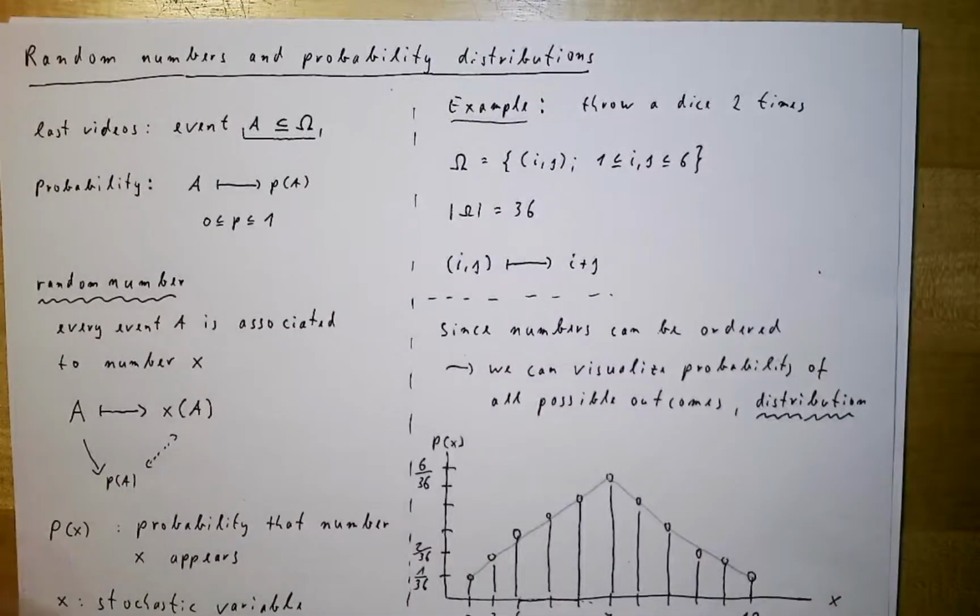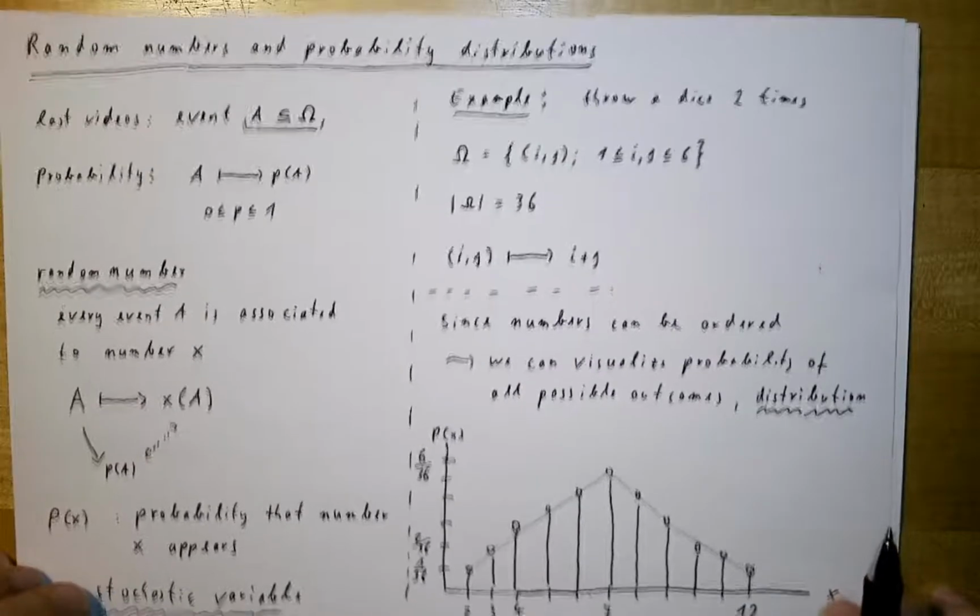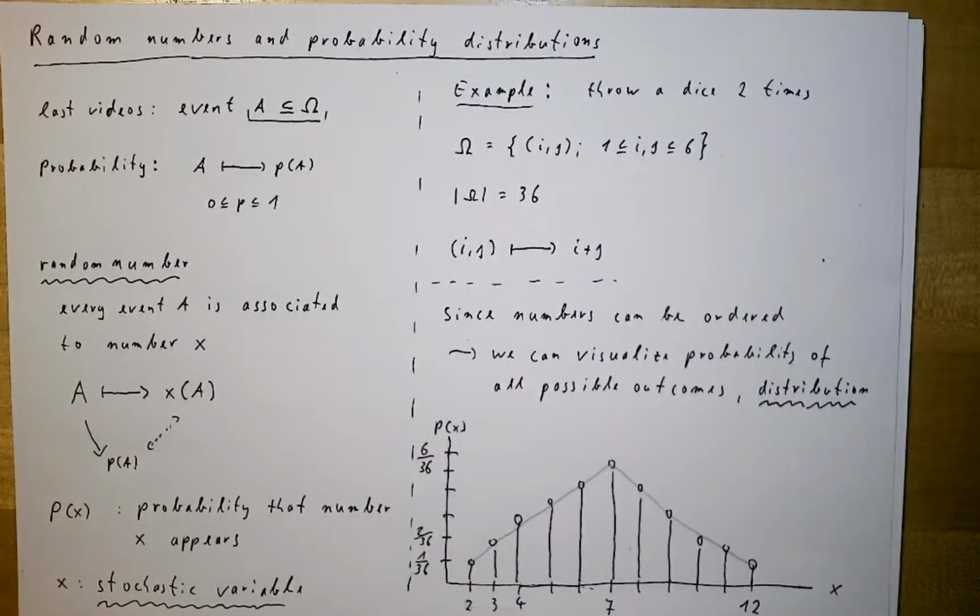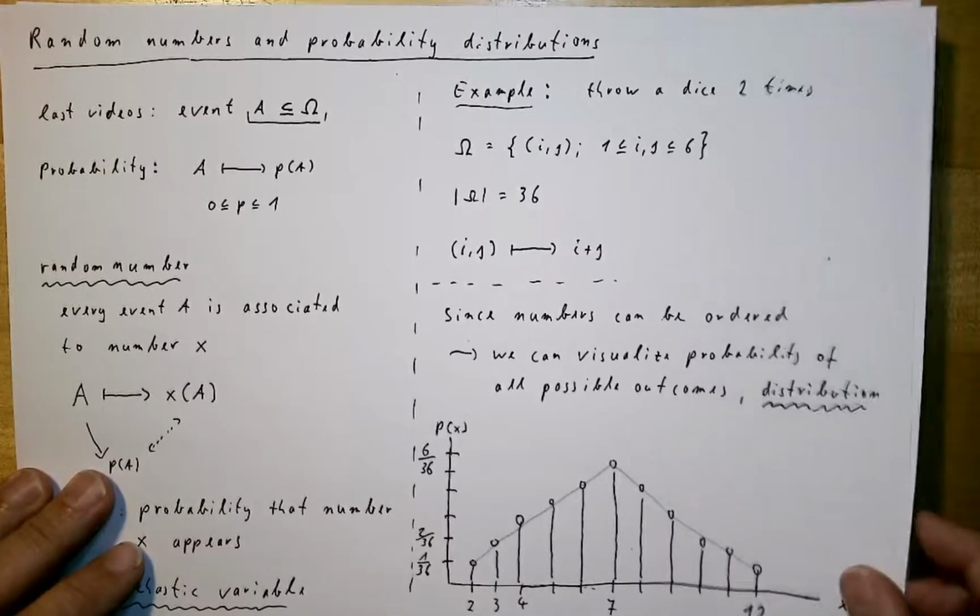So at this point we have to make a distinction. In the case I showed you before, we had a finite number of possible random numbers, and that's often the case. So we have only a finite number of random numbers, or maybe infinitely but countably many random numbers.